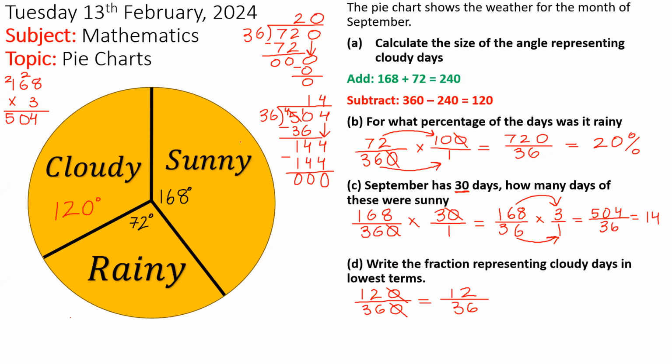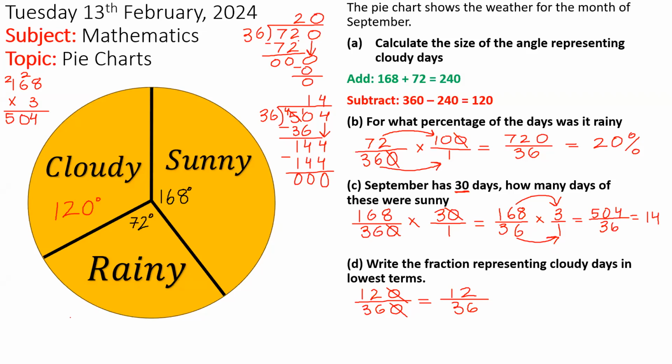And we still could go lower. How could we go lower with this one? Divide both top and bottom by what number? 12. Yeah, 12 is the perfect one.